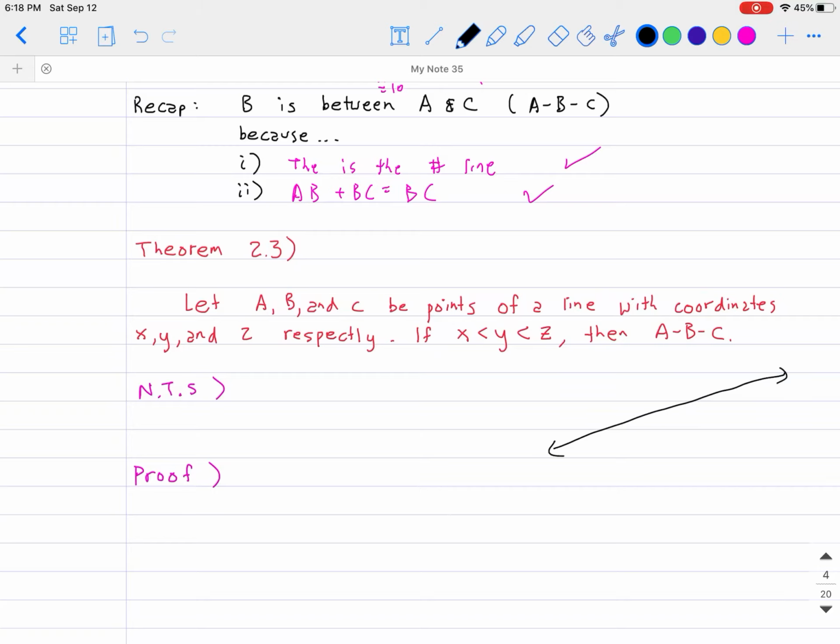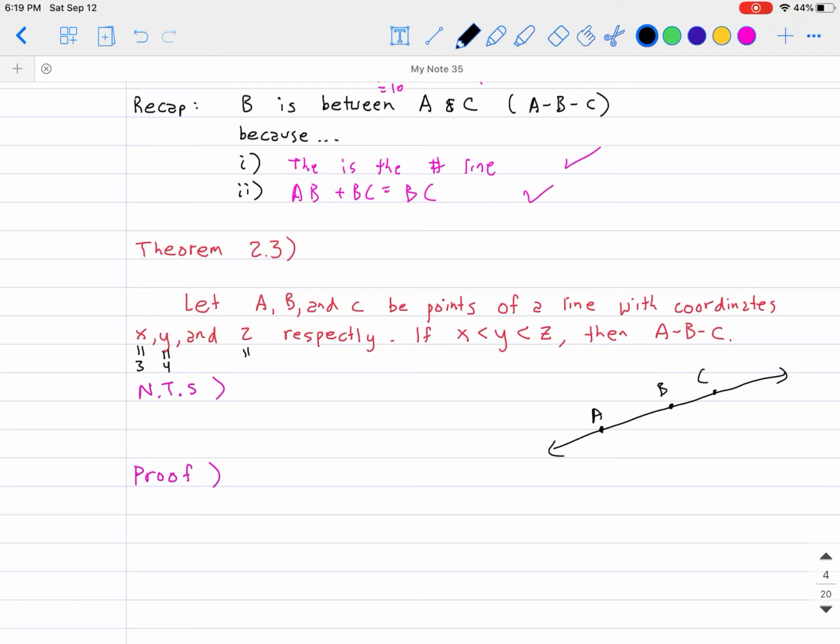First, let me draw a visual so you can see what this theorem is actually talking about. Here we can have a number line. Now I'm going to put out the following points. Here we have A, and then here we have B, and then here we have C. These are going to be point A, point B, and point C. And the numerical values of them are going to be x, y, and z.